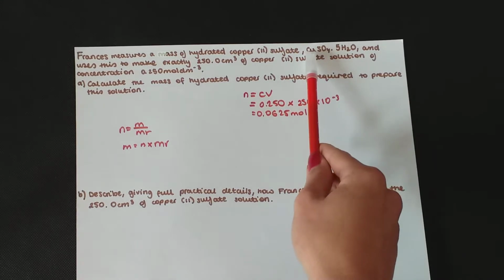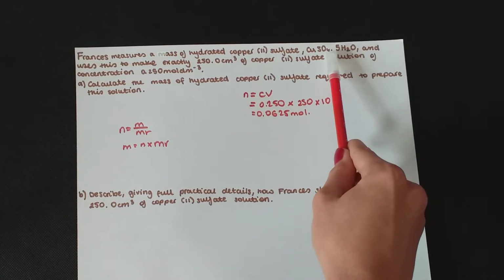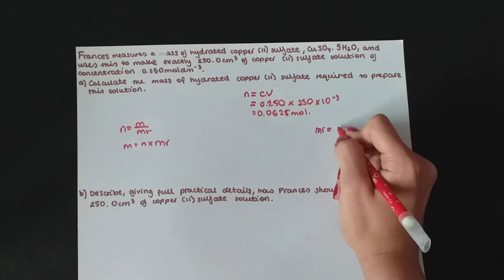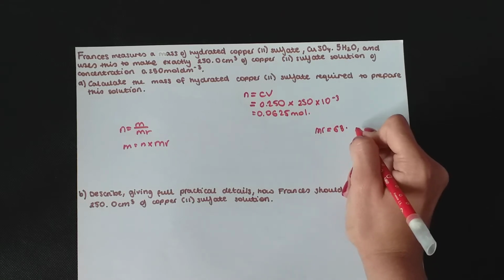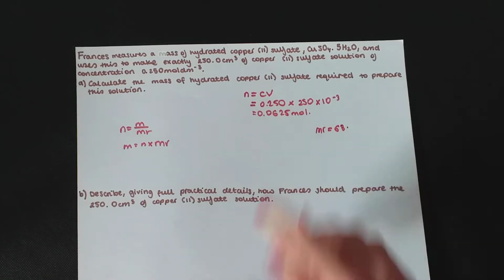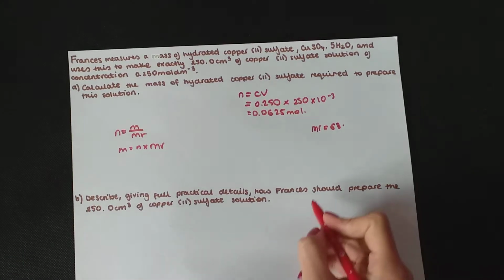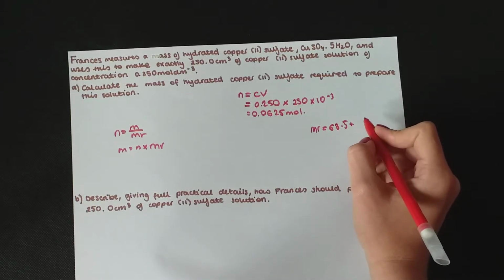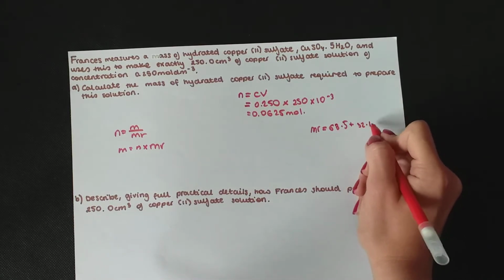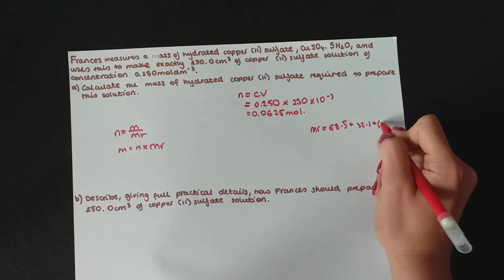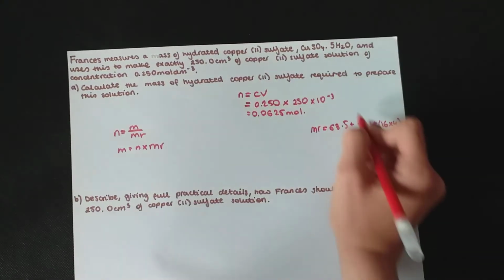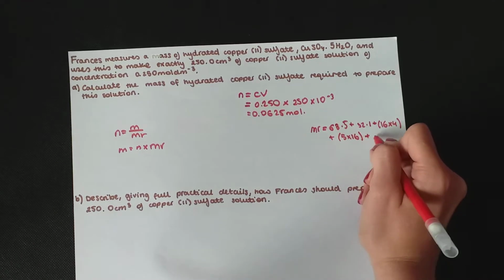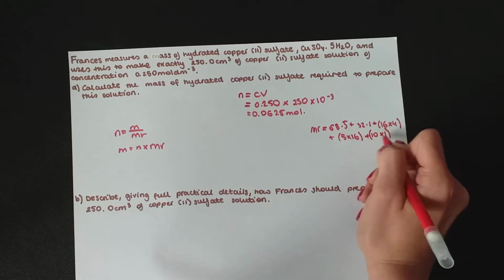However, you first need to find the Mr of this compound. So let's do it right here. The Ar of copper is 63.5. Then we have sulfur, and this is 32.1. Then we add 16, but we times it by 4 because we have 4 oxygens. Then we add another 5 oxygens and 10 hydrogens.